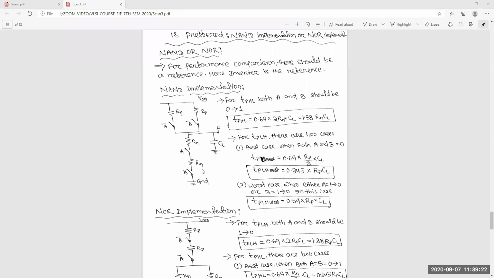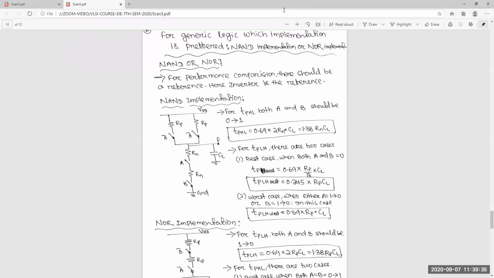Suppose think about this first one. This is NAND, or this is one inverter, because it's giving an inverted output. So for the inverter, this is your RN, this is your RP.